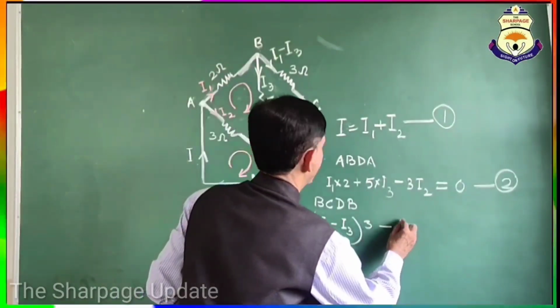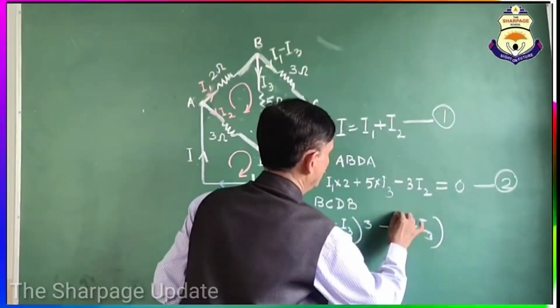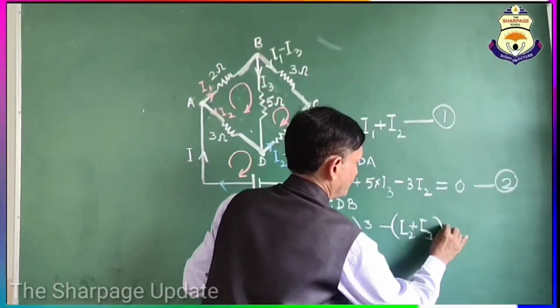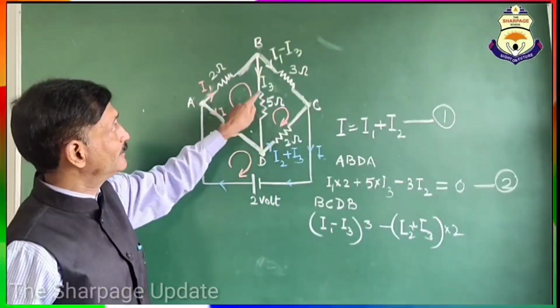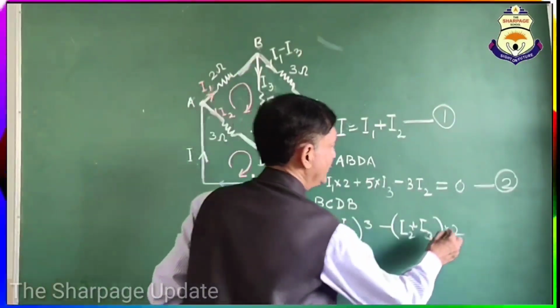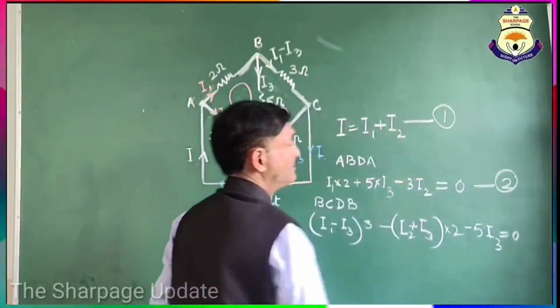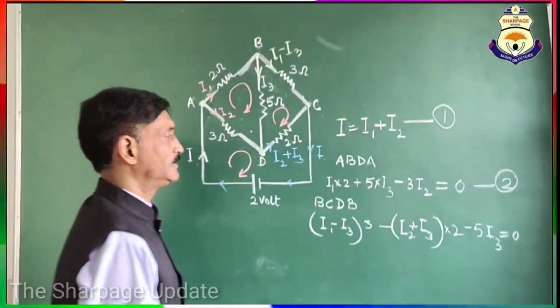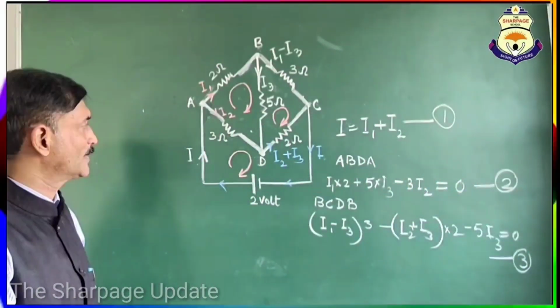So minus I2 plus I3 into 2, because the corresponding resistance is 2 ohm, and I3 is also opposite to this current. So minus 5 into I3 is equal to 0, because there is no EMF in this closed circuit. So this is equation number 3.